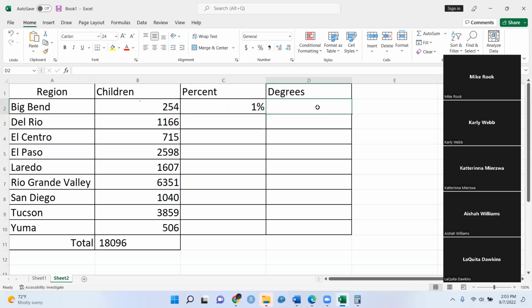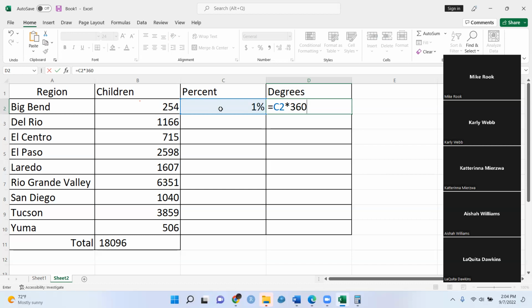And then for degrees, we do the same thing, right? We do the equal sign, we select a percent, except this time we're multiplying that percent times 360. Now, this is where things can get a little messy and it could mess you up later in life. Excel knows that 1% is 0.01, whatever it was, all the decimals.